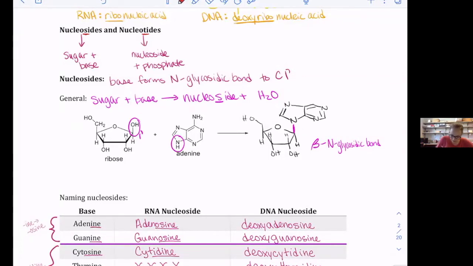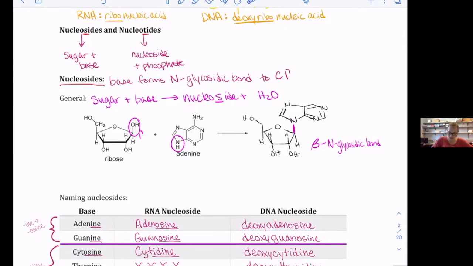So nucleosides, let's look at those. The base forms an N-glycosidic bond to C1. We had a general structure in our last video, but now let's look at it more in depth and with real structures.